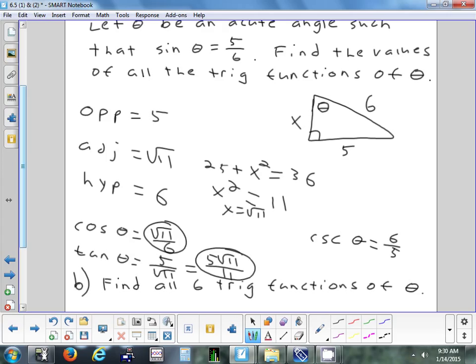Okay, my secant, when I flip that, it's going to be 6 over the square root of 11, but then I'm going to have to fix it again just like I did here. So it's going to be 6 square root of 11 over 11.